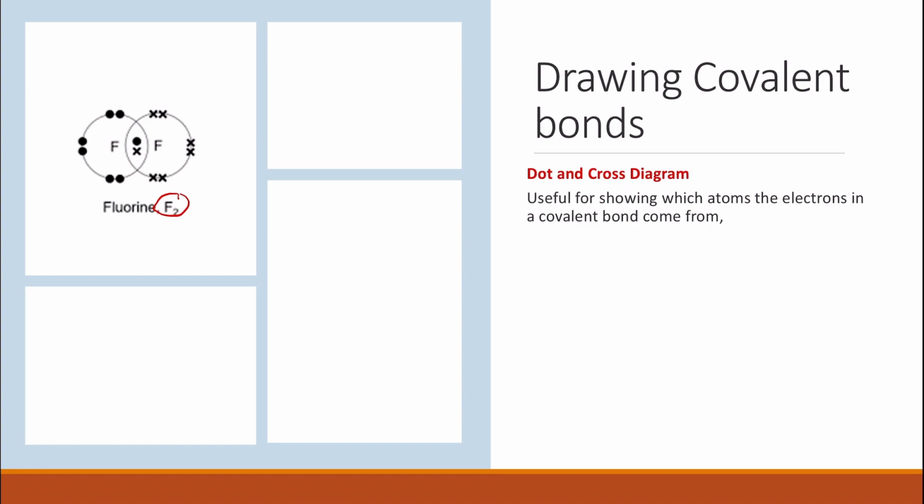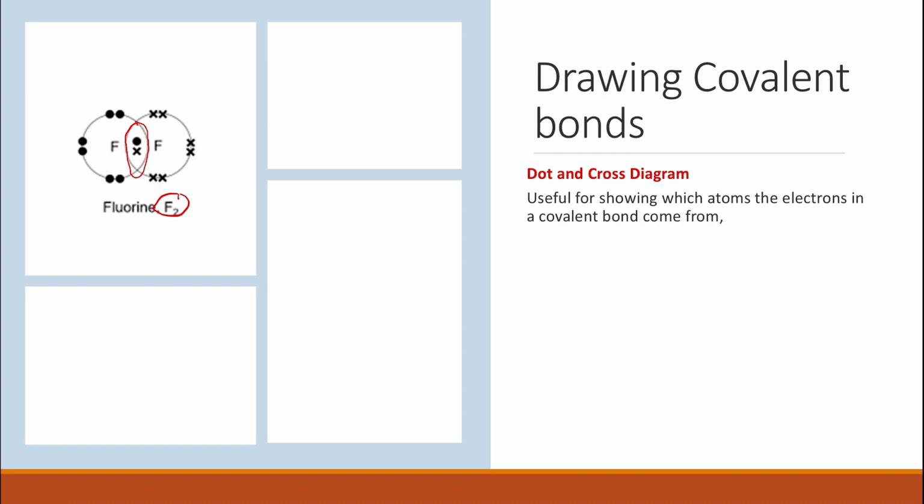In this case, each of the two fluorine atoms will share one electron to form a covalent bond. These are the two shared electrons, and when you count the number of electrons for each atom, you include the shared electrons. So now each atom has 8 electrons in its outer shell.